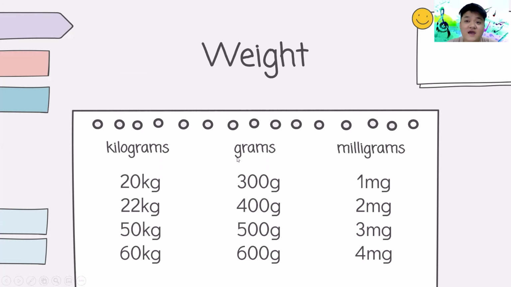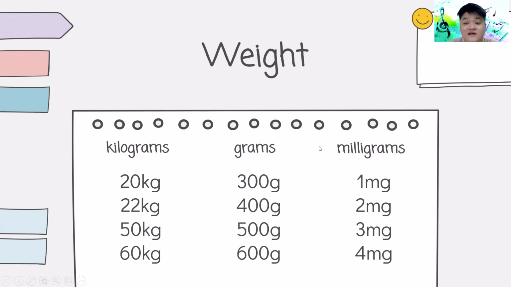Now, grams. We have 300 grams, 400 grams, 500 grams, and 600 grams. The G here means grams. Okay? G, grams. Kg, kilograms. Understand?